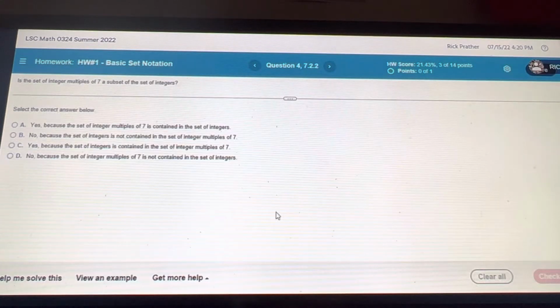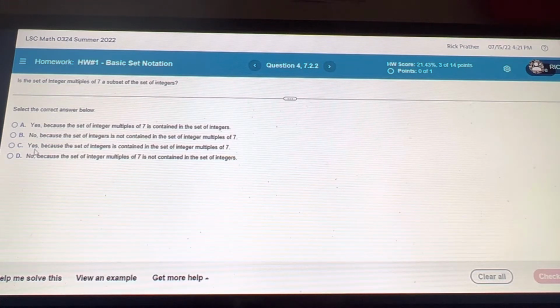Okay, here looks like it's multiple choice. Is the set of integer multiples of 7 a subset of the set of integers? So multiples of 7 are 7, 14, 21, 28. Yeah, each time you add 7, you're going to land on another integer. So yes, they are a subset.